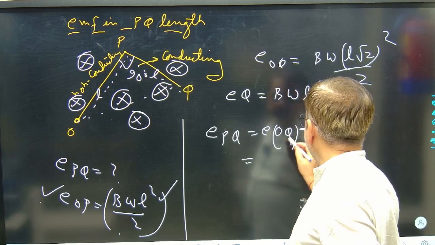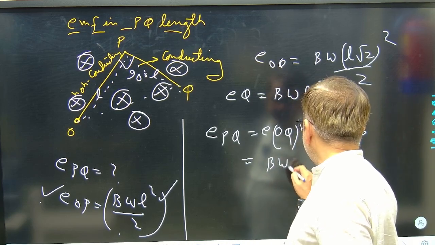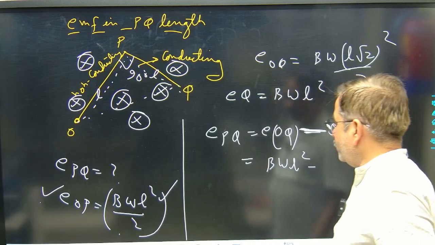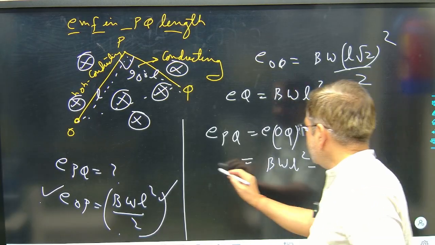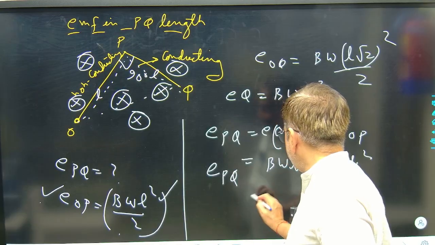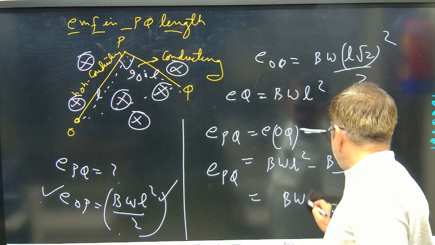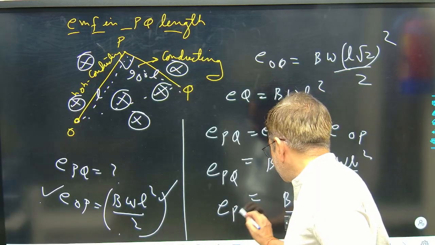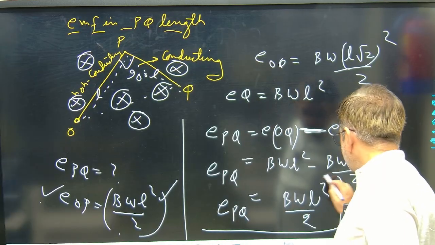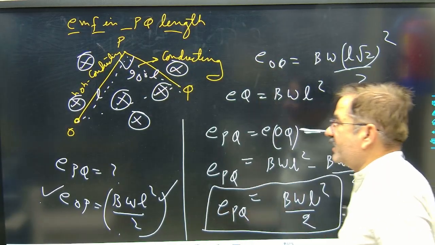EOQ is B omega L square minus EOP, which is B omega L square by 2. It is E for the length PQ. Hence this value is B omega into L square by 2. This is the EMF developed in the length PQ.